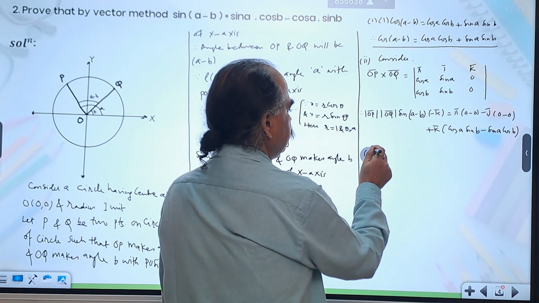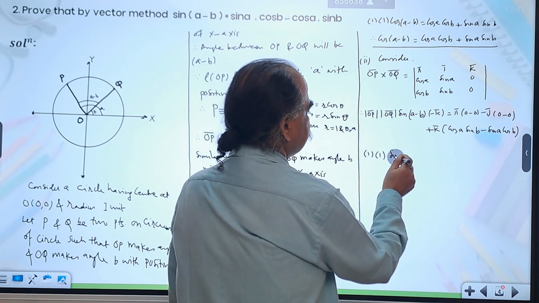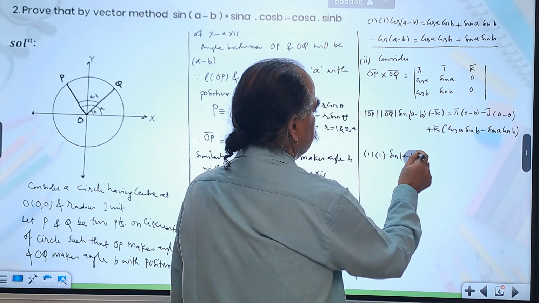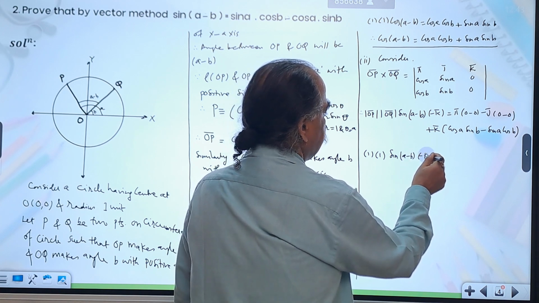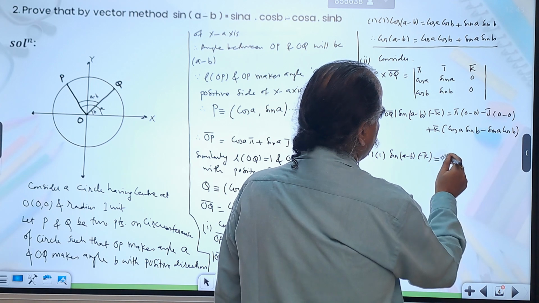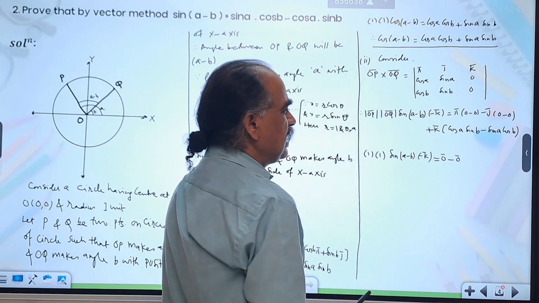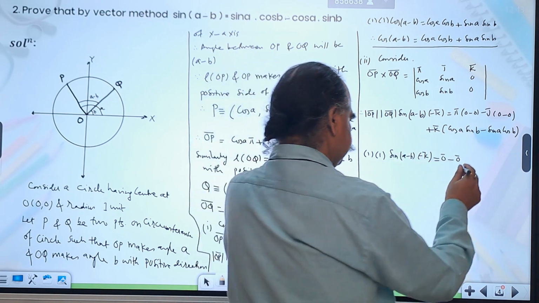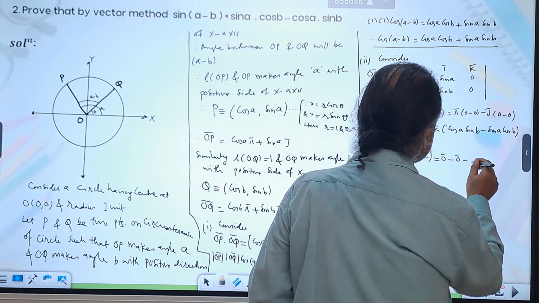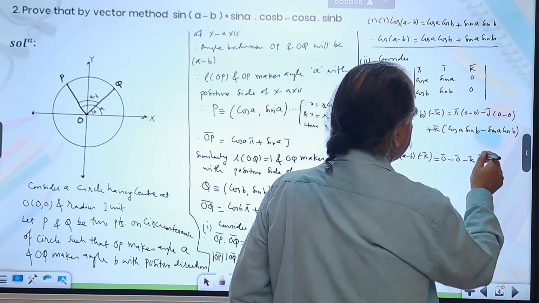Magnitude of OP bar is 1, OQ bar is also 1, sin A minus B into minus K bar is equal to 0 bar minus 0 bar. I'll take minus K bar common, negative sign will be taken common.